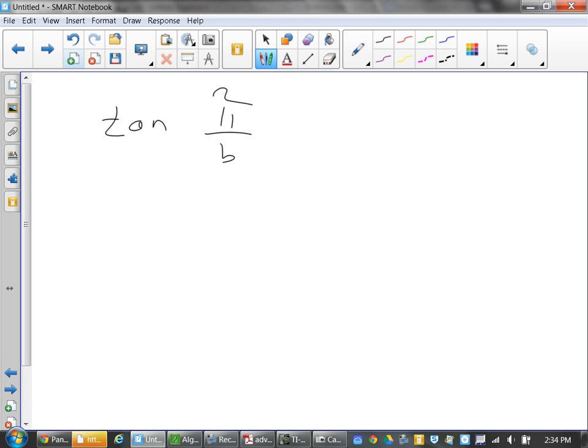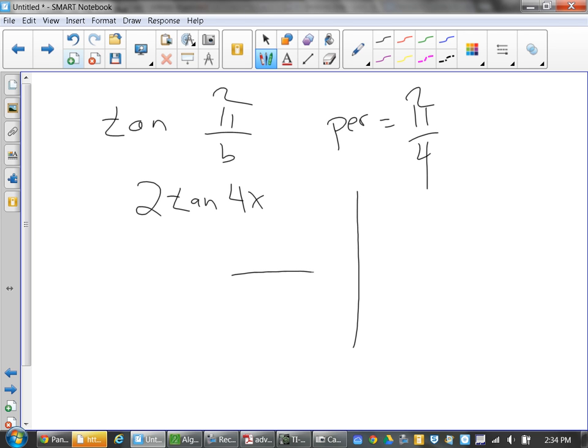So let's say it was 2 tangent 4x. I won't even do a shift, we'll just do 4x. Our b value here is 4, so my period would be pi over 4. Tangent will always go through the origin.